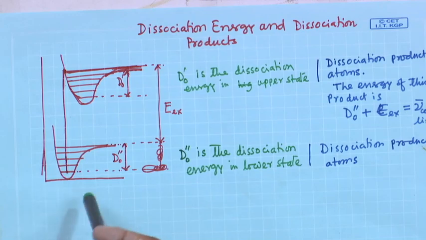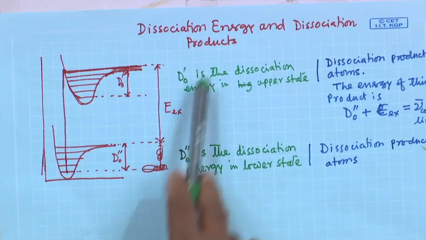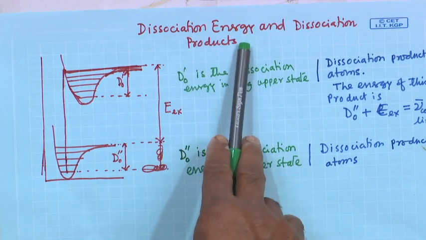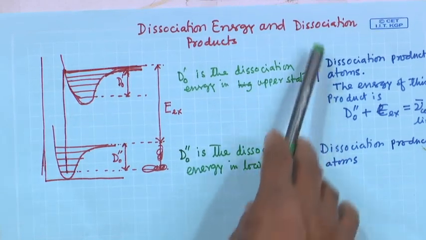So, how much energy is required to dissociate the molecule, to break the molecule? That is basically the dissociation energy, and what will be the energy of the dissociation product.